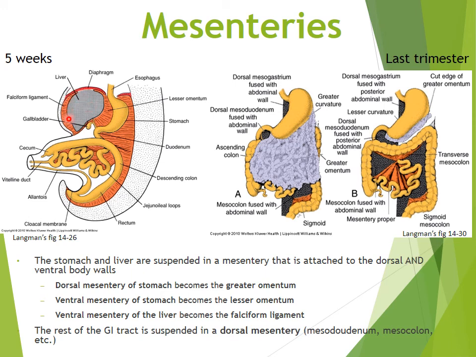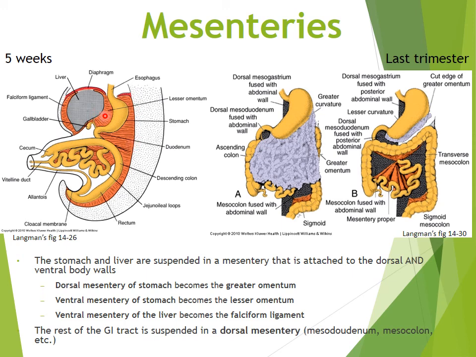So actually this ventral mesentery, because of the development of the liver in the septum transversum, is divided into the ventral component, the falciform ligament, and the dorsal one, which is the lesser omentum, attaching the liver to the lesser curvature of the stomach. And you have also seen the mesenteries: the mesentery proper for the small intestine, the mesoduodenum for the duodenum, and for the colon the mesocolon.